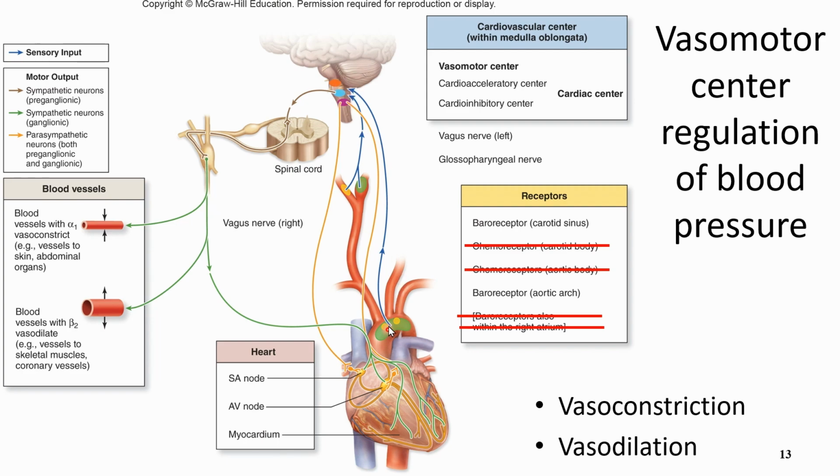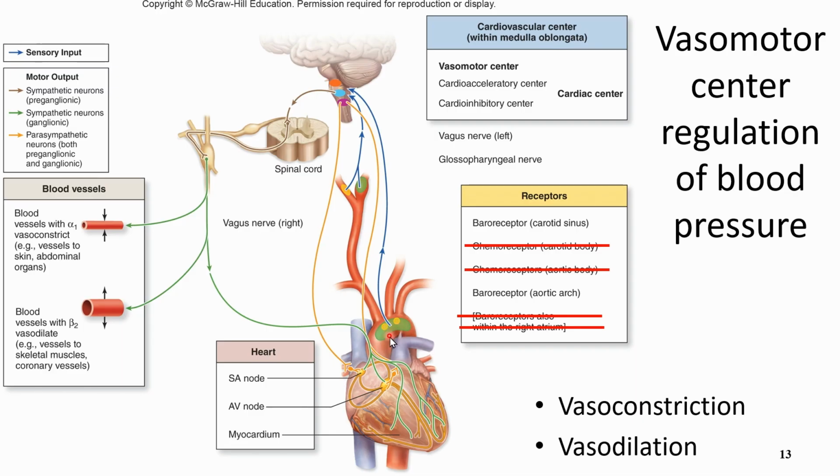Now, if they sense the blood pressure is low, the way to increase pressure, we just saw in the last slide, is release epinephrine, and that's going to constrict the blood vessel and increase the blood pressure. But the baroreceptors don't do that themselves. It uses a reflex.